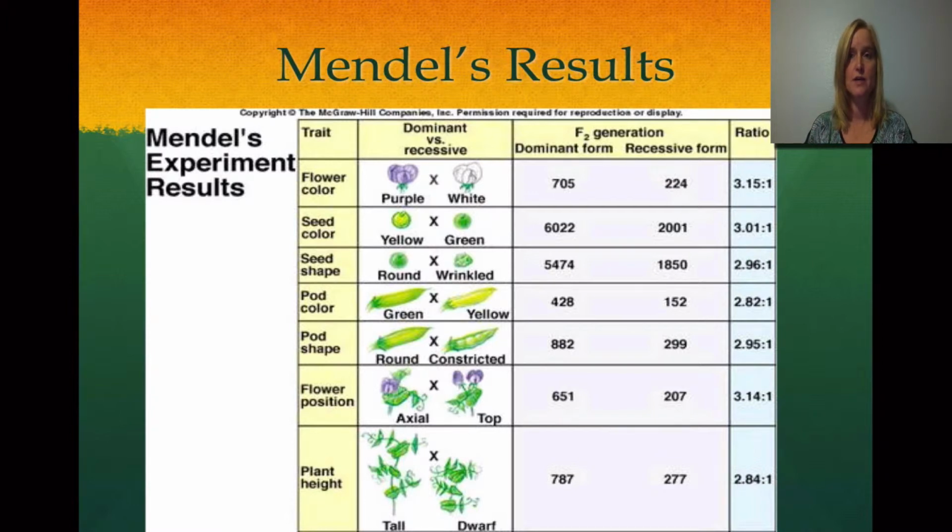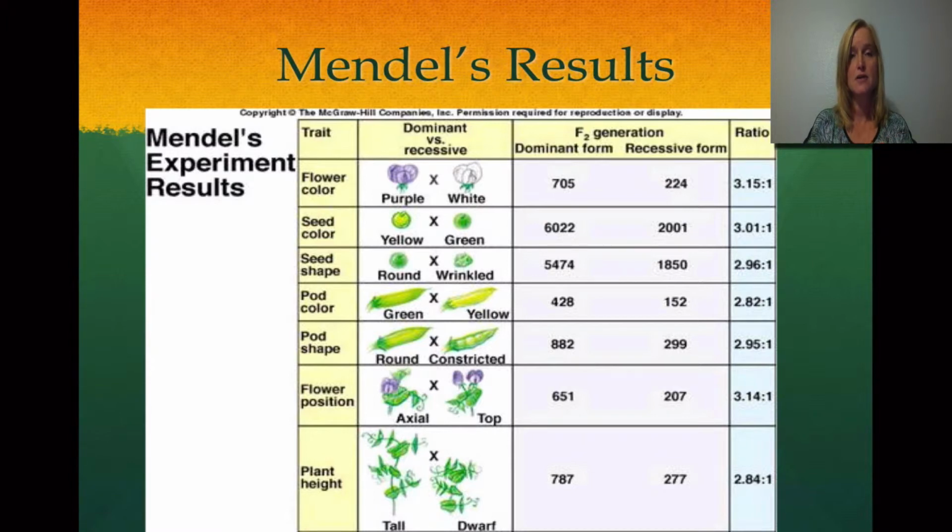So the white trait would disappear. But then when he would pair those purple plants together, he would get purple plants and white plants again. He did this type of experiment with a lot of these different traits, and he found the same thing over and over again.